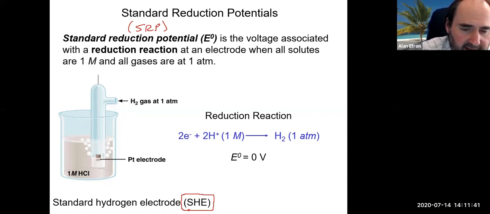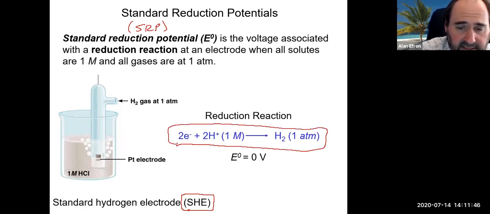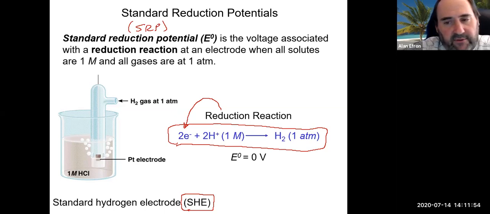And if we look at our half reaction here, it is written as a reduction half reaction, as our electrons are on the reactant side. So they assign this hydrogen electrode a value of 0 volts. The standard hydrogen electrode has an SRP value of 0 volts.